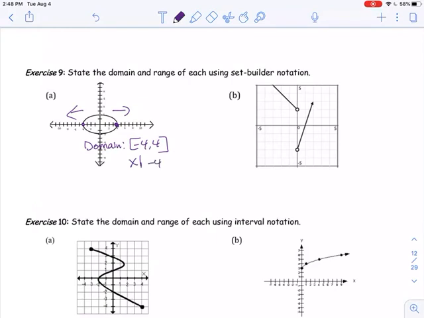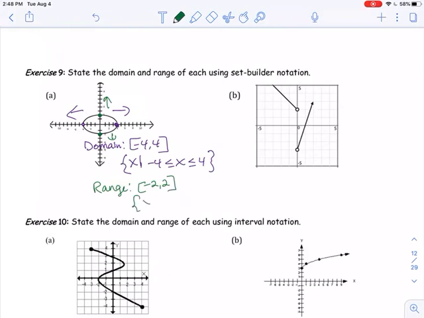Okay, and otherwise I'm writing x such that, and then I'm going to include my -4, and I'm going to include my 4. Okay, and then my range. The lowest y value is -2, and the highest y value is +2, because my range I'm looking up and down.